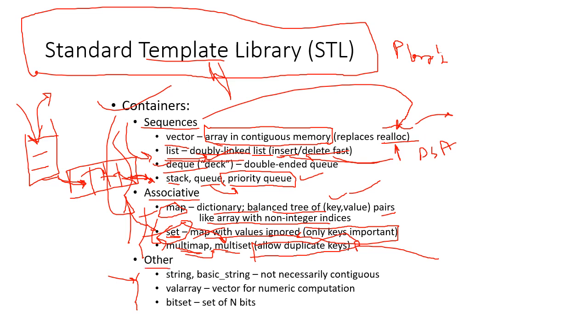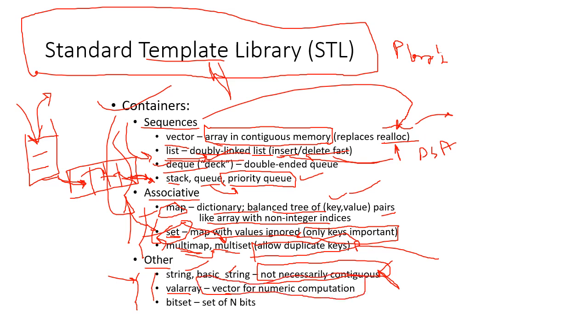And for the others, it is written here: string and basic string, not necessarily contiguous. Then valarray, meaning value array, which is the vector for numeric computation.